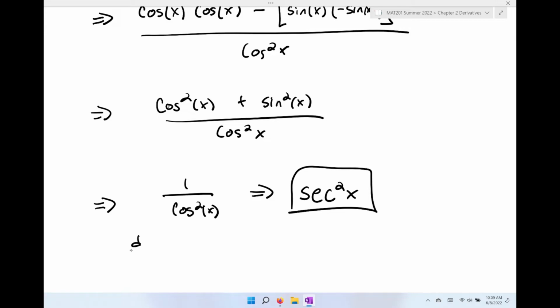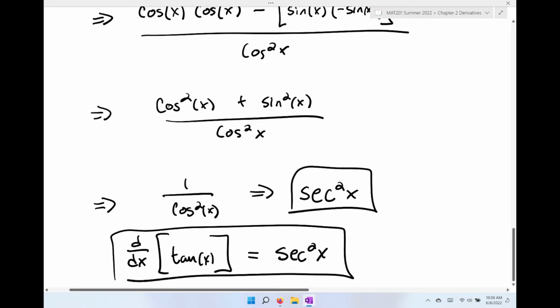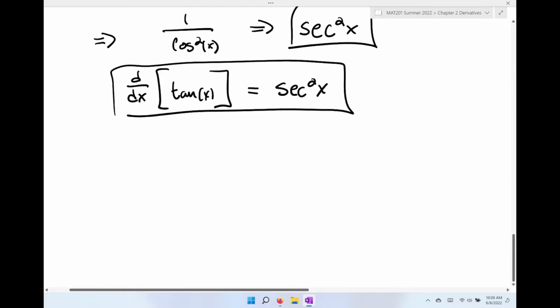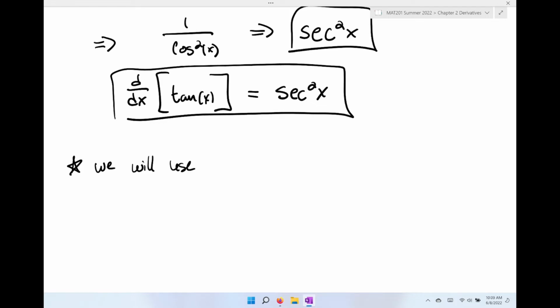So that is how we derived the derivative of tangent x. And like I said, you can do this for every single one of these trig functions. It's very straightforward. You just have to remember all your trig identities, and that's what makes this difficult. Now, I will make a note about this. We will be using radians. So make sure your calculator is in radians, okay?